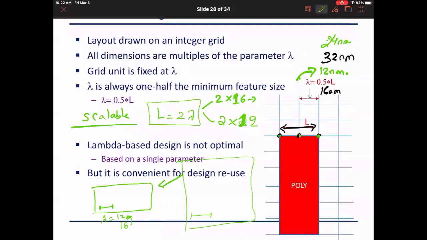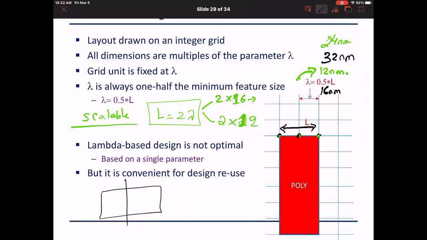Okay, so for you, what matters is that if we tell you that we have drawn a scalable design rule, for example, if we say that we have a transistor of 32 nanometer technology, where the W is 3 lambda, for example, and what is W? What do we say?